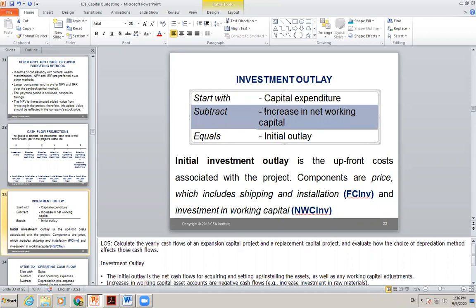When it says subtract, minus minus gives you the summation, so that's why it just shows subtraction in here. Just be aware of that. So your initial outlay is equal to the summation of the change in net working capital and the money spent on the outlay: investment in fixed capital and investment in net working capital.